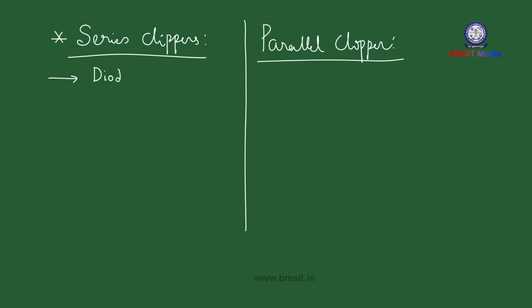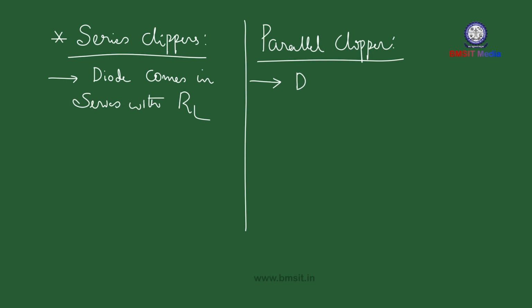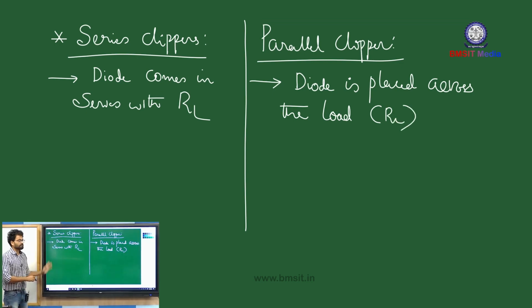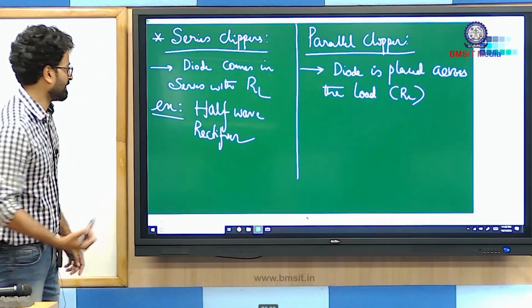In case of a series clipper, the diode comes in series with the load, and the load we will generally consider as Rn. On the other hand, in case of a parallel clipper, the diode is placed across the load. So this is the difference. Example for series clipper is the half wave rectifier.